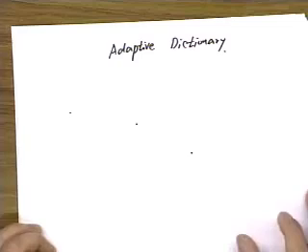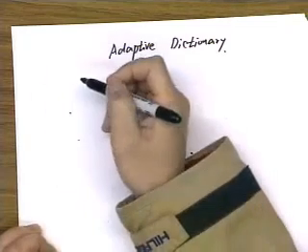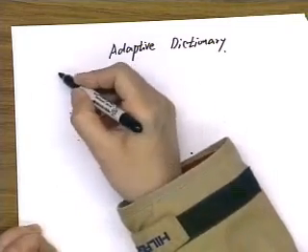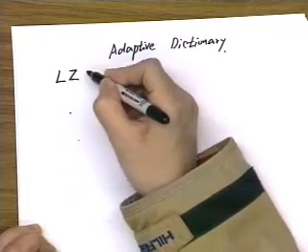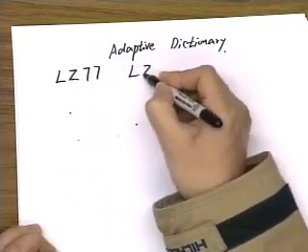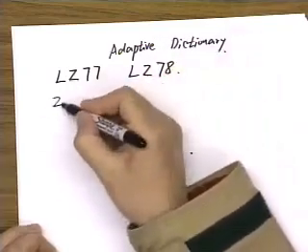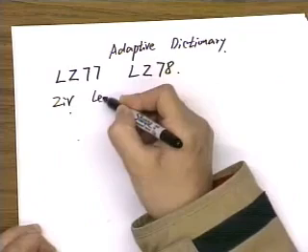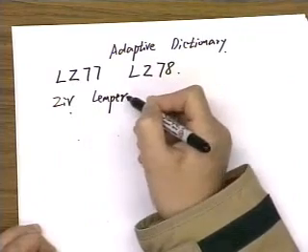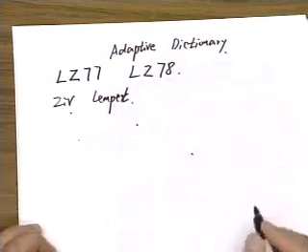And the adaptive dictionary is known as the LZ scheme. We have LZ77 and LZ78. They were proposed by Ziv and Lempel in 1977 and 1978 separately.